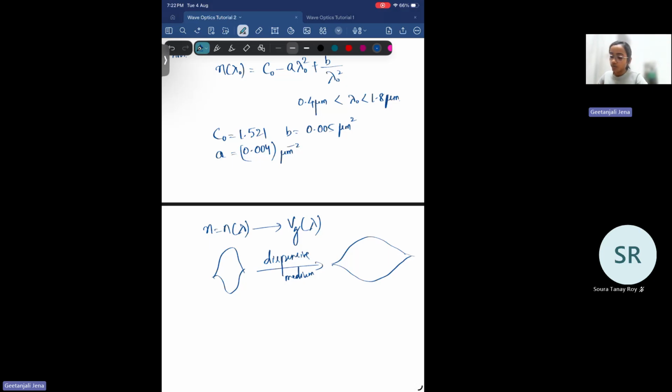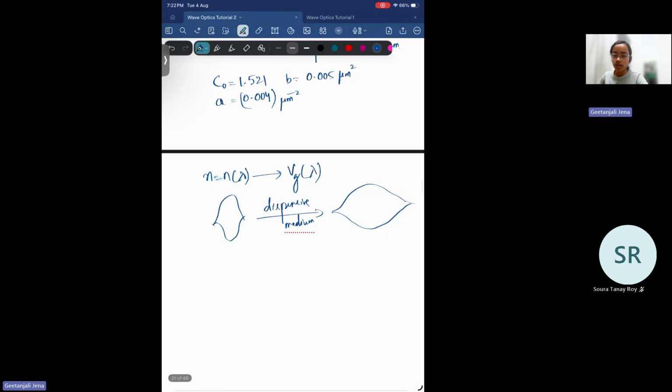To quantify this broadening, we define a parameter. I'm not going into the details; I will just cover the part that will be helpful for you to solve the assignment. To quantify this material dispersion, that is the broadening in time, we can quantify this broadening by some delta tau.